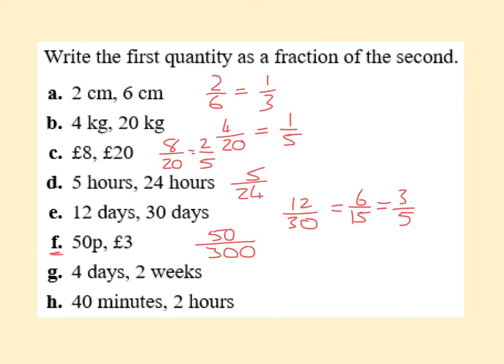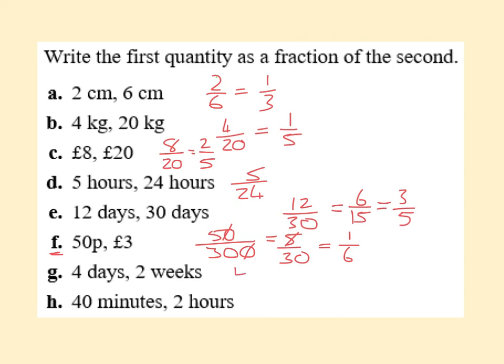So it would have to be 50p over 300 pence because £3 is 300 pence. Divide by 10, 5 over 30. Divide by 5, 1 over 6.